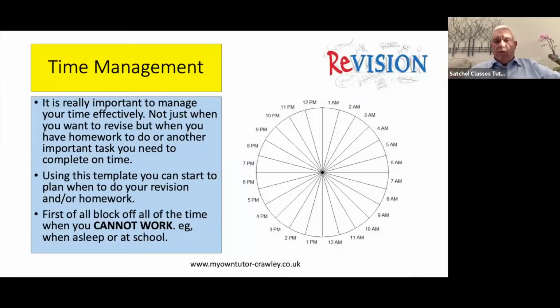So really be honest as well and block off times when you will not be available to do any sort of work, and even factor in times with your family, things like that. They're really important. Then you will see quite clearly what sort of time you've got available to you, and you can say, right, I've got this amount of time on this particular day to actually do some revision.